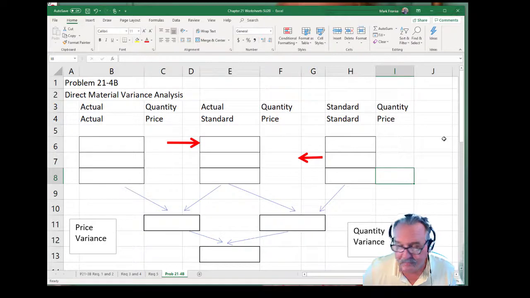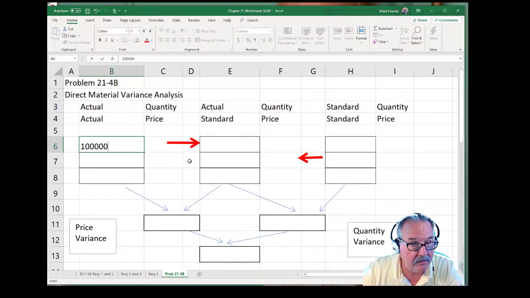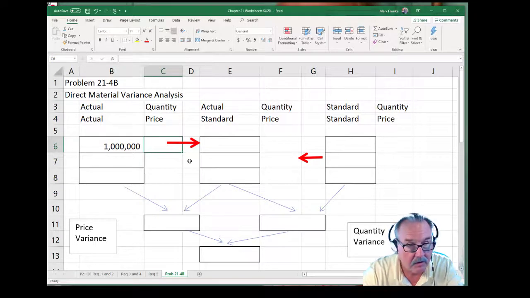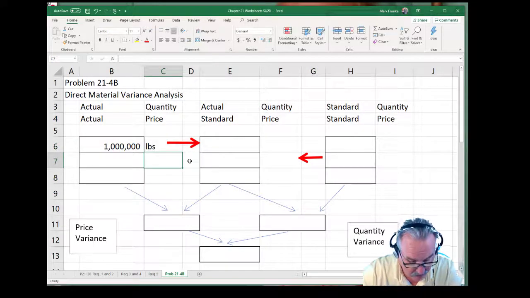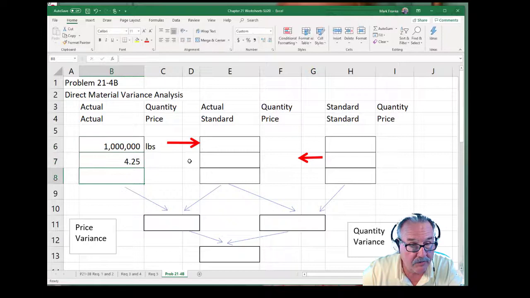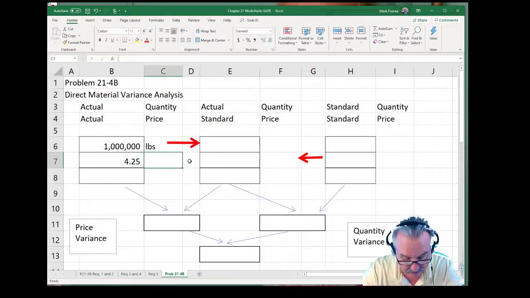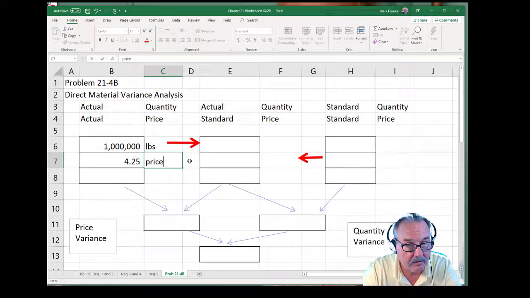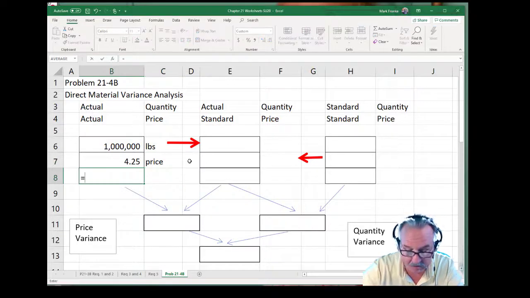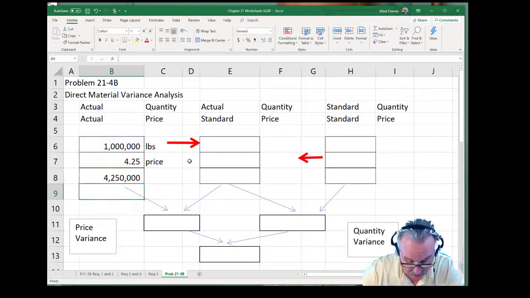We have 1,000,000 pounds is what we used, and it was $4.25 per pound. So we spent $4,250,000.